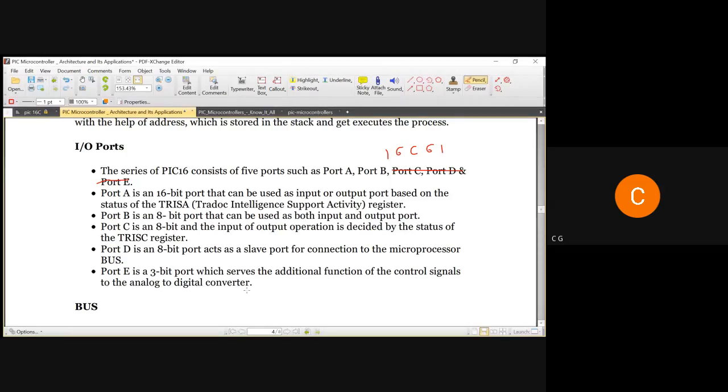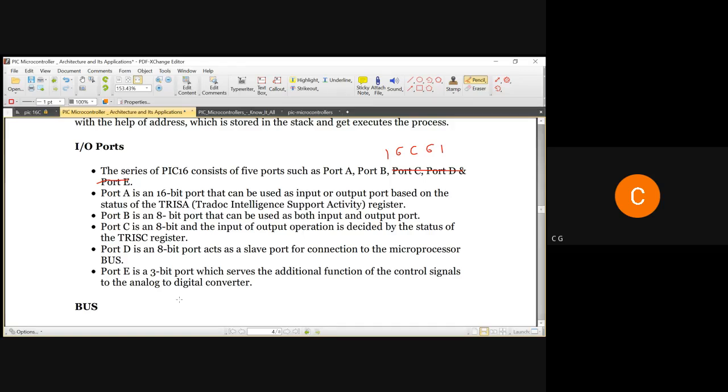So for the higher level PIC microcontroller, this is an additionally developed port which is connected to the A to D converter and the other devices. The question can be, as we have seen in the diagram, that there is always A to D converter and CCP module and all these things. When the first version of this PIC microcontroller is having only two ports, how is the A to D converter going to work?